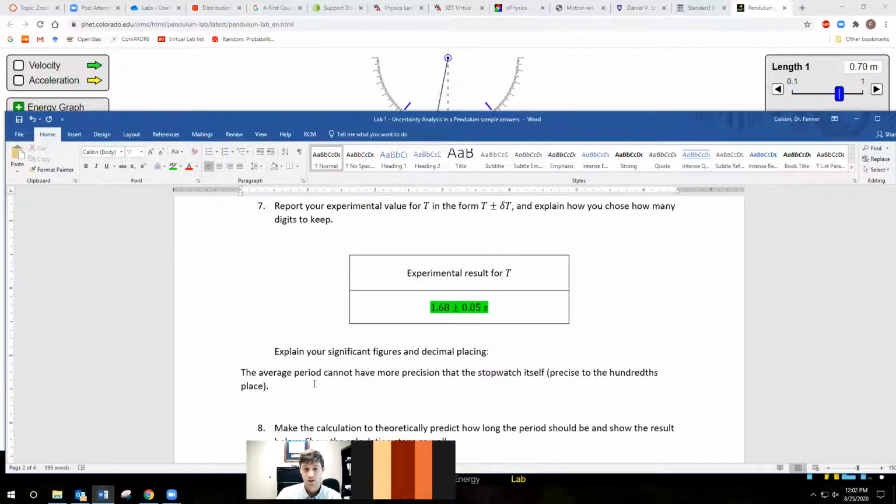So both those factors play in: the average value itself is limited by the precision of the stopwatch, and the number of digits that you report in your uncertainty has to match the decimal place of the average value. So the decimal place of the uncertainty has to match the decimal place of the value.